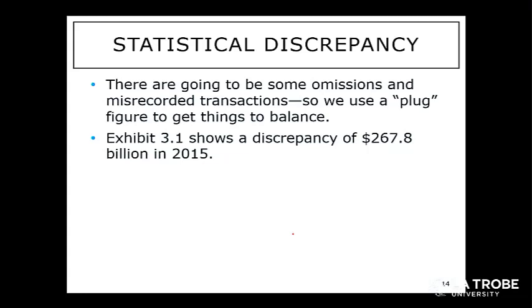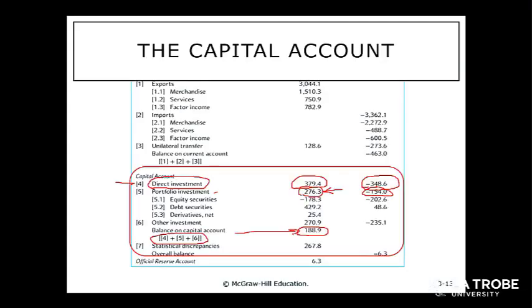So it's a very sizable discrepancy, okay? So comparing the two numbers between the current account and the capital account, it looks like the discrepancy comes from the misclassification of the capital account, right?